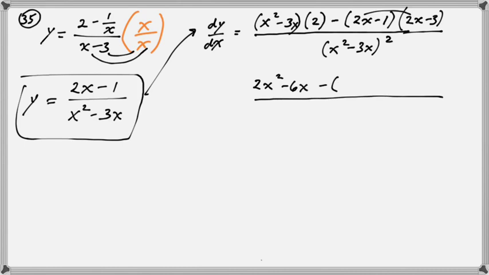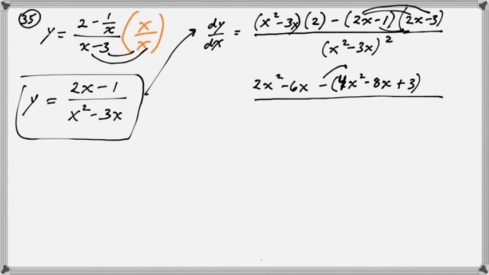What's 2x times 2x? 2x squared. Would that be negative 6x and a negative 2x to make a negative 8x? And last times last, I think, is plus 3. Yes, 2 times 2 is not 2. 2 times 2 is 4. Okay, let's simplify this, however.